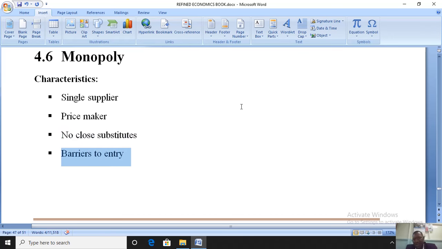Meaning that even where other entrepreneurs are enticed by the supernormal profits made by the monopoly firm, they cannot participate in that industry because of the barriers to entry. And this is the major reason why a monopoly firm will sustain supernormal profits over a longer period of time.